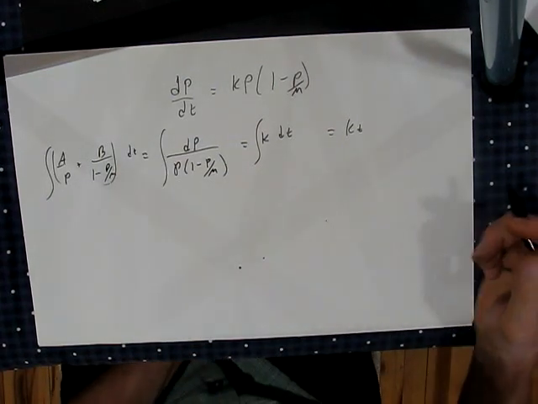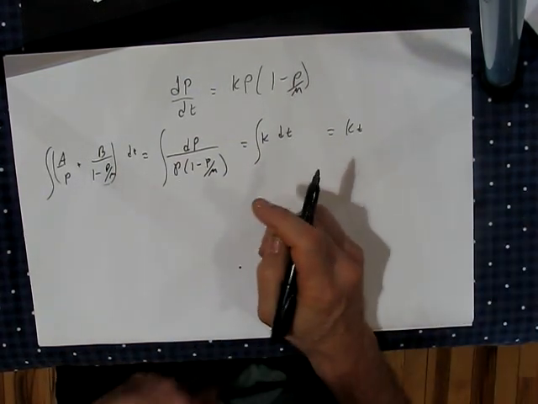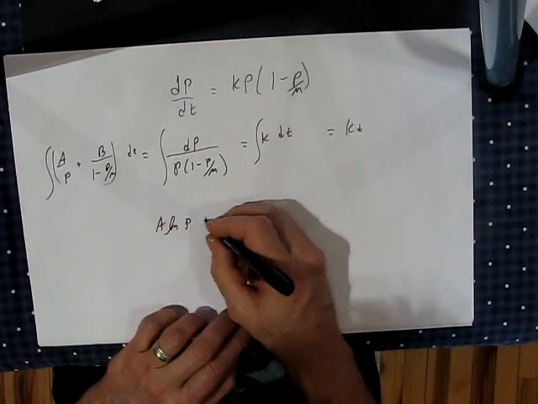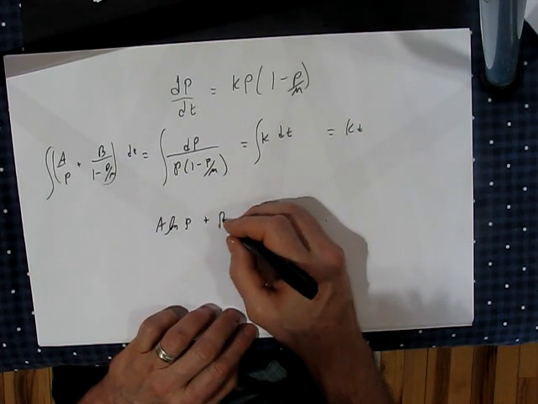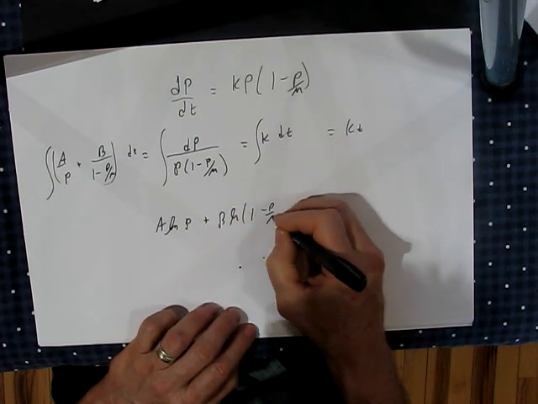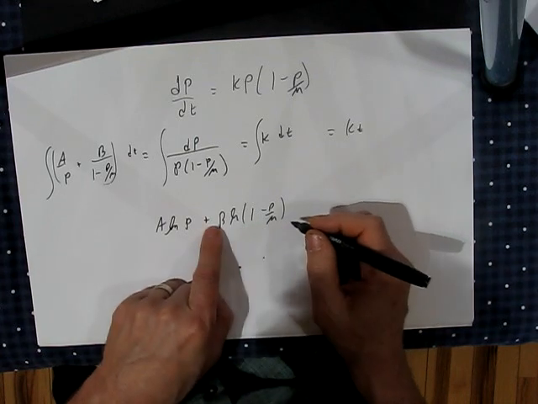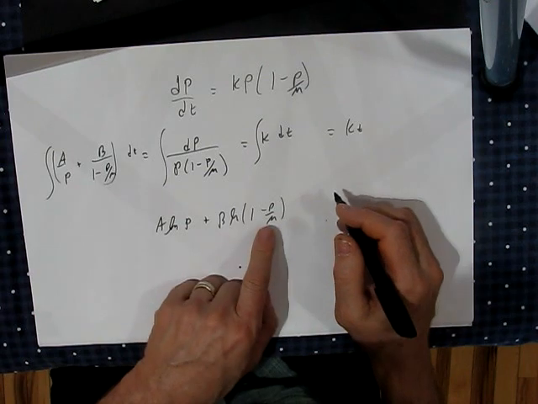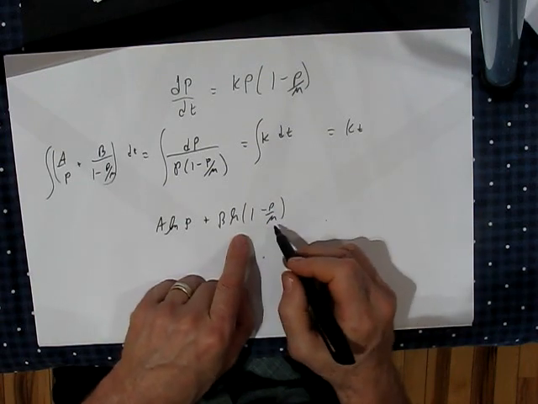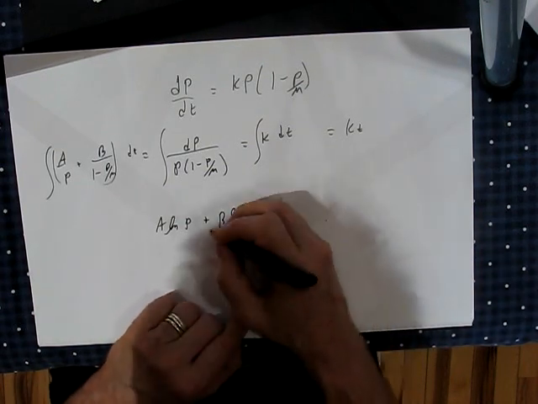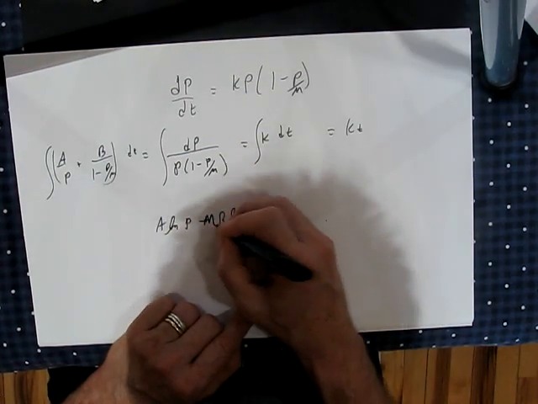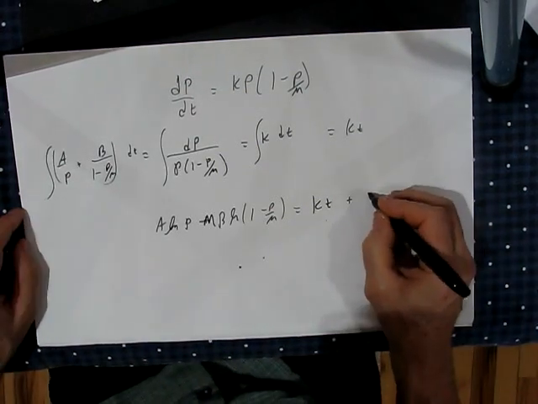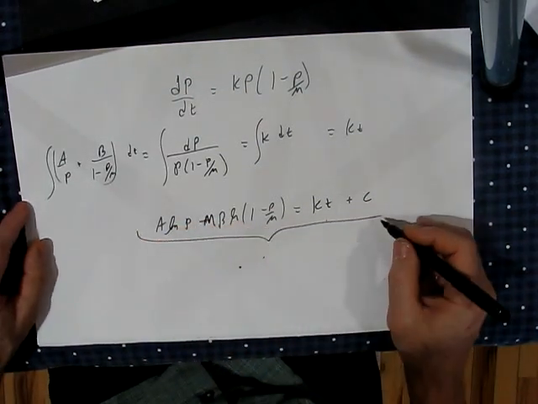It means that we actually have two logarithms over here, and we get a log p plus a b log 1 minus p over m, but we've got to have a multiplier in there, and let's see, the derivative is 1 over p minus m times minus 1 over m, so we'd have, I believe, a minus m here. And this will be equal to kt. And now when it's all done, there's a plus a constant. Let's not worry about this process here.